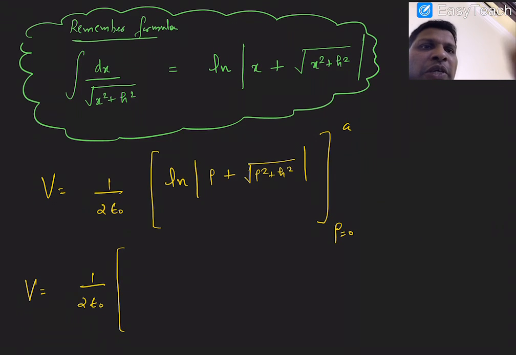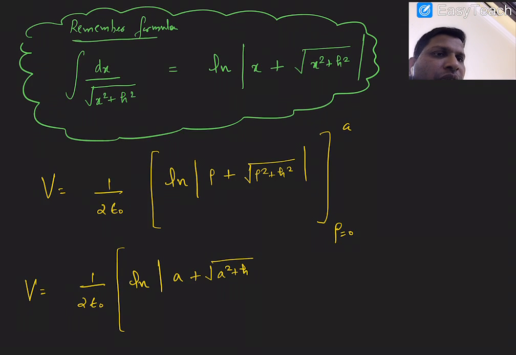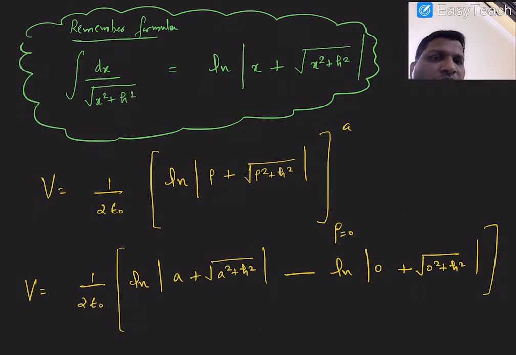So ln of, if rho is equal to a, a plus root of a square plus h square, then minus ln of, when rho is equal to 0, 0 plus root of 0 square plus h square.